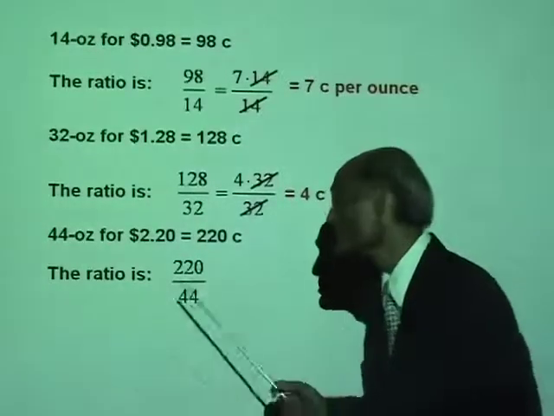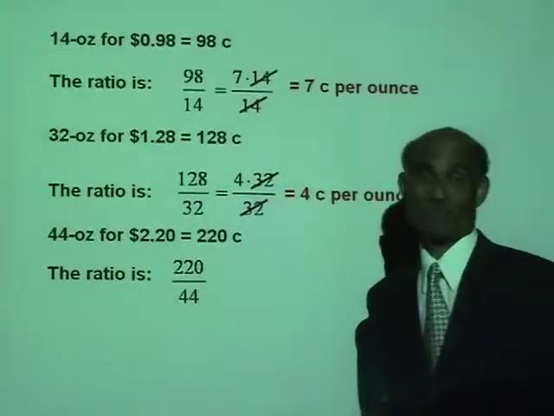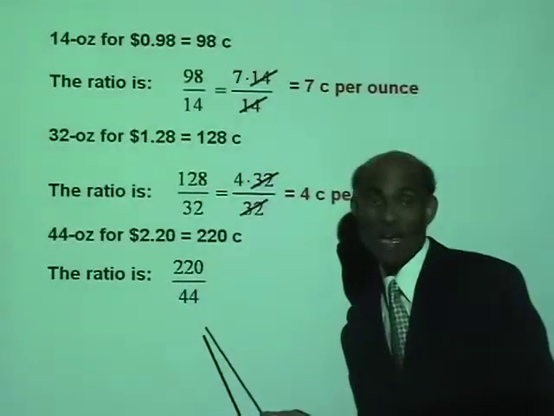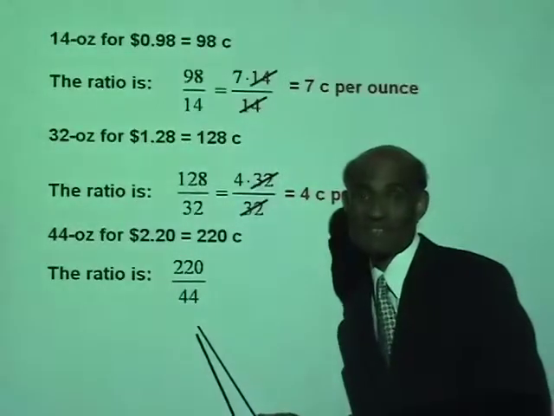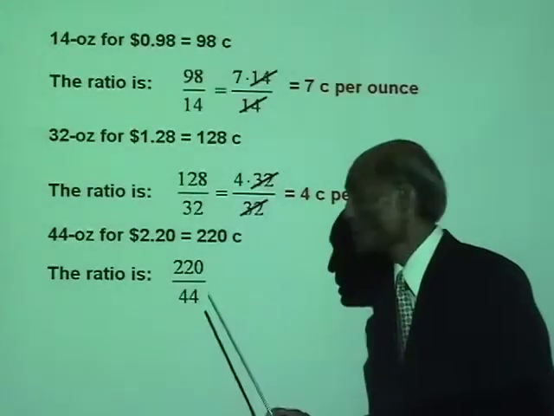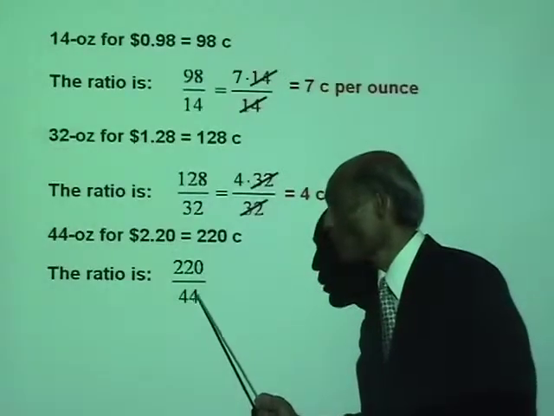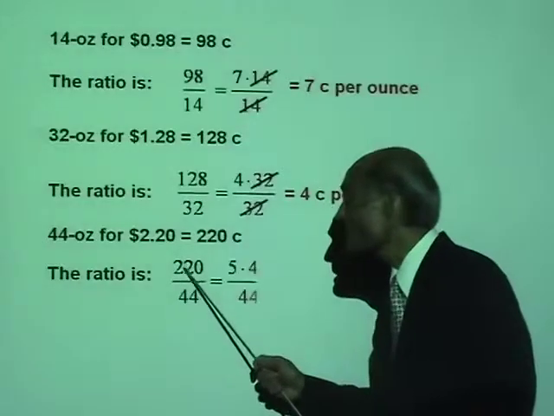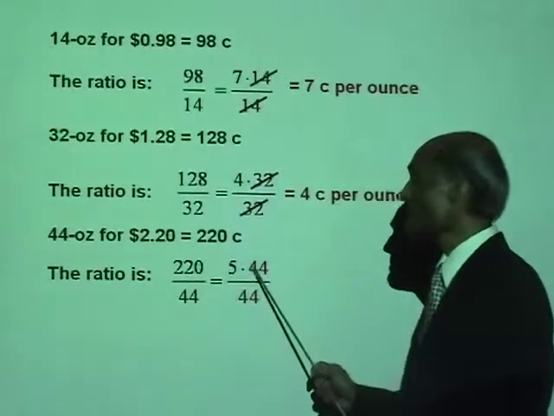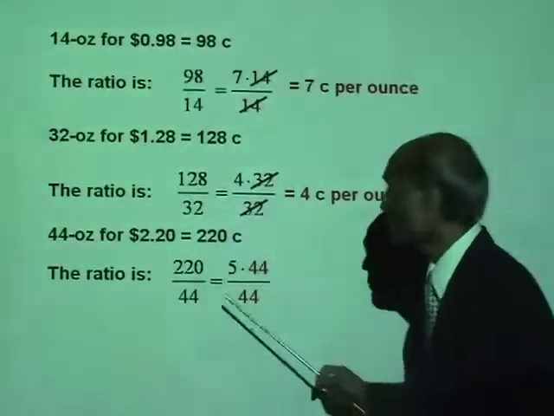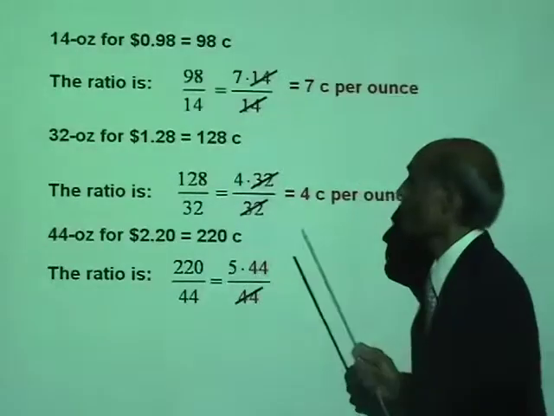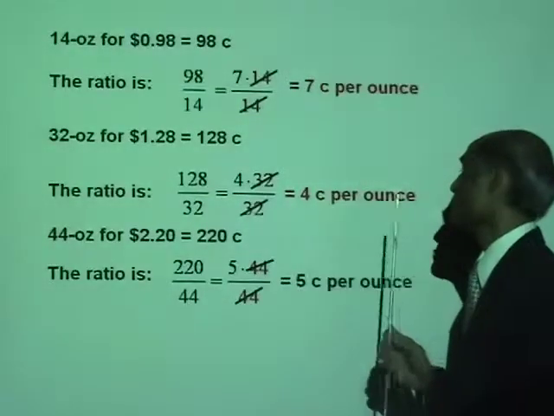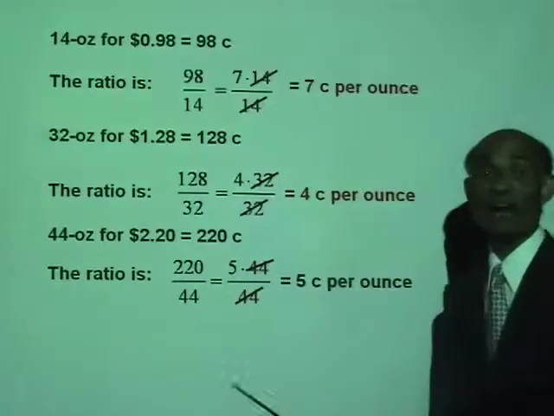Can you do that for me? That's a very good number again. If you have some number sense, you would tell me 44 multiplied by 5 is 220. So 220 is 5 times 44. And 44 and 44 will go. That gives you 5 cents per ounce.